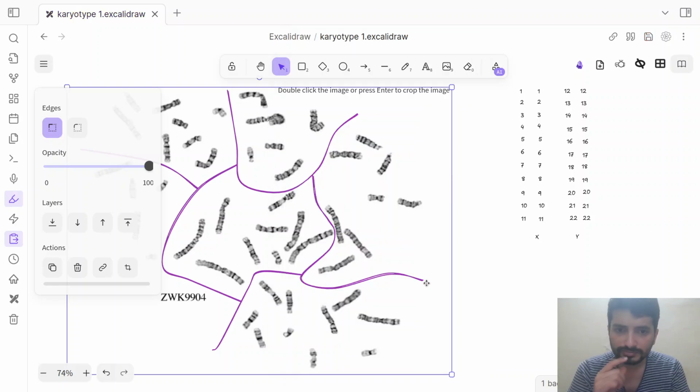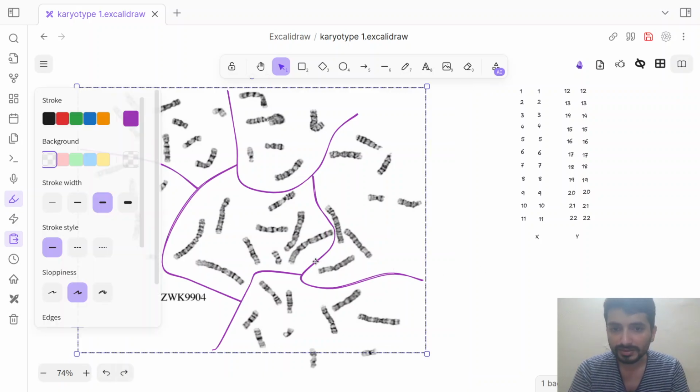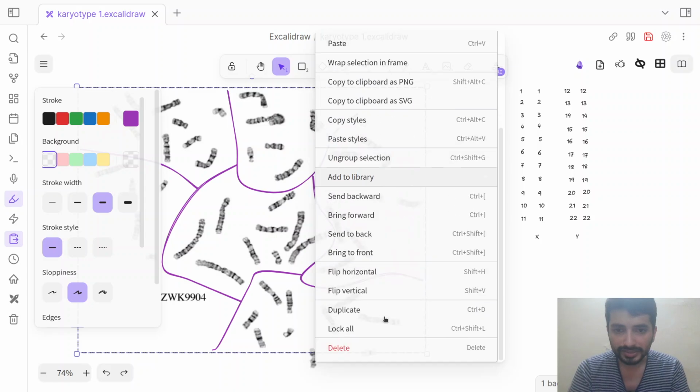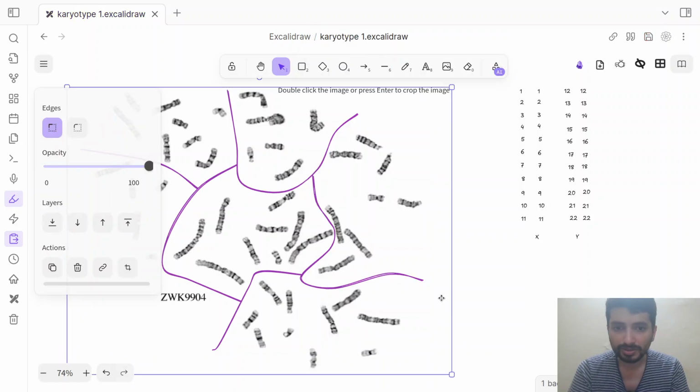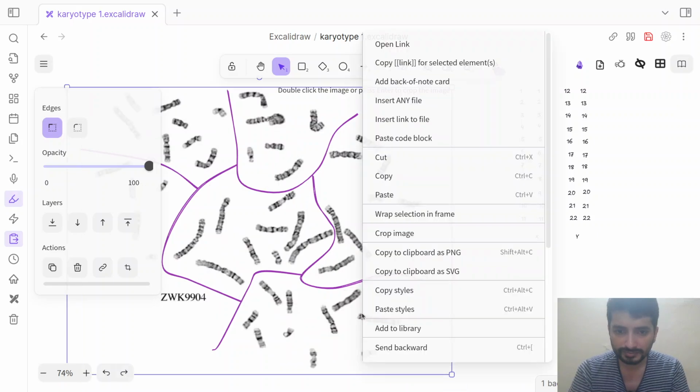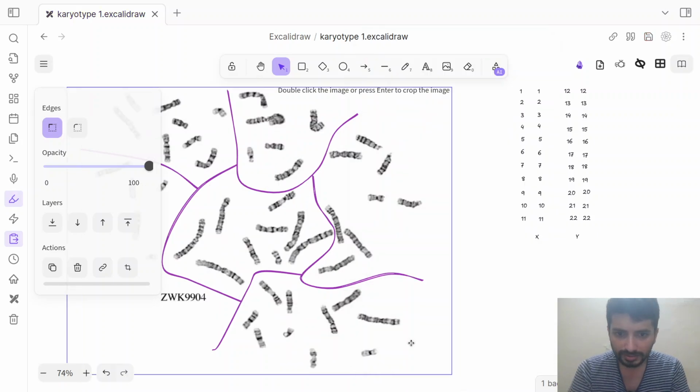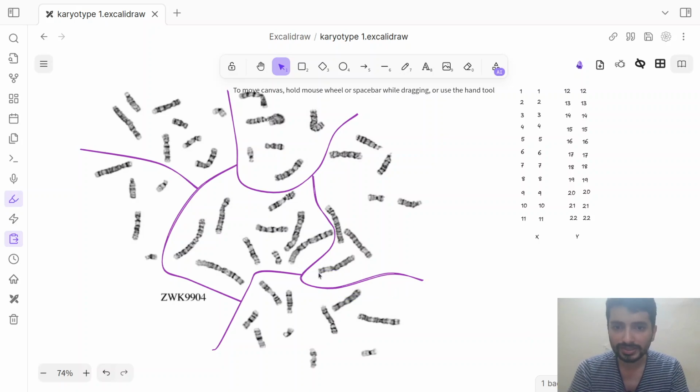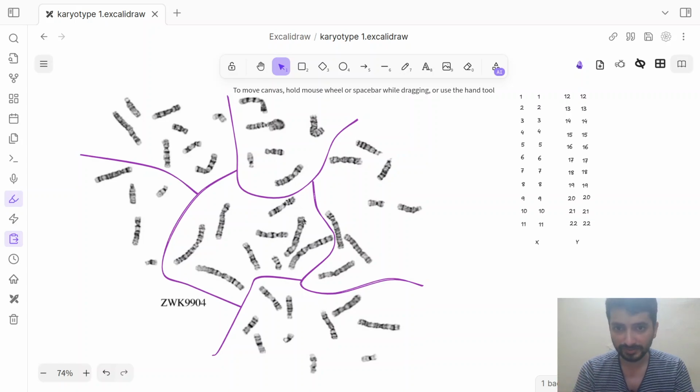Unlock. Oh, I selected the picture of the metaphase spread by mistake, so I'll just lock all, and I'll lock this as well. Now you can see that none of these things moves, and now I can first count the number of chromosomes and then start identifying them.